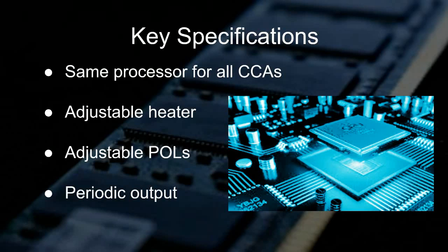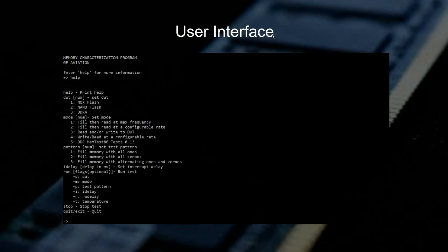And then for the periodic output, we were able to establish TCP communication and send packets from the embedded side to the user side and display that data that we gathered on the embedded side to the user.